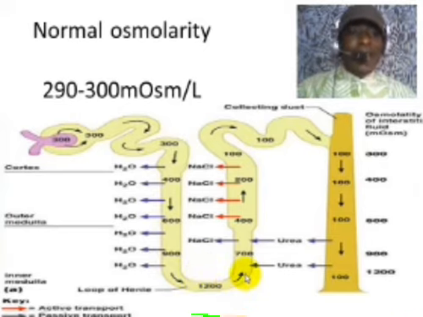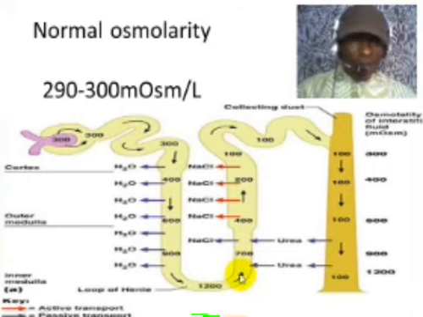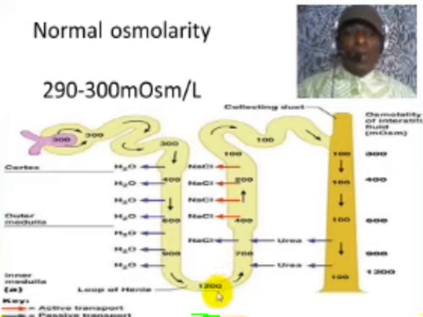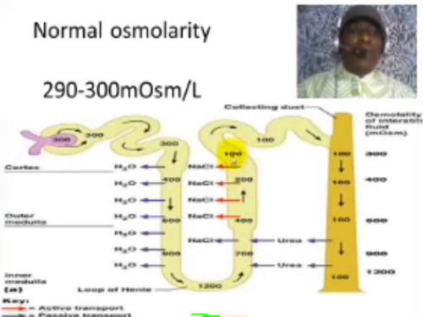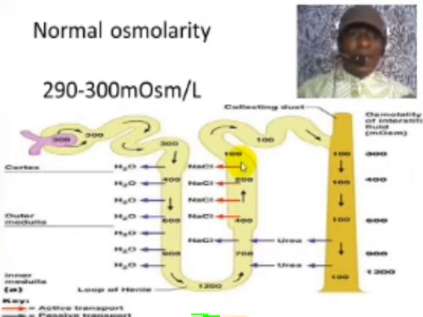In the ascending loop of Henle, there is a progressive and gradual decrease, from 1200 to 700 to 400 to 200, until it reaches a minimum of 100 milliosmol per liter. So there are alterations in the osmolarity of the glomerular filtrate as it flows through the successive parts of the nephron.